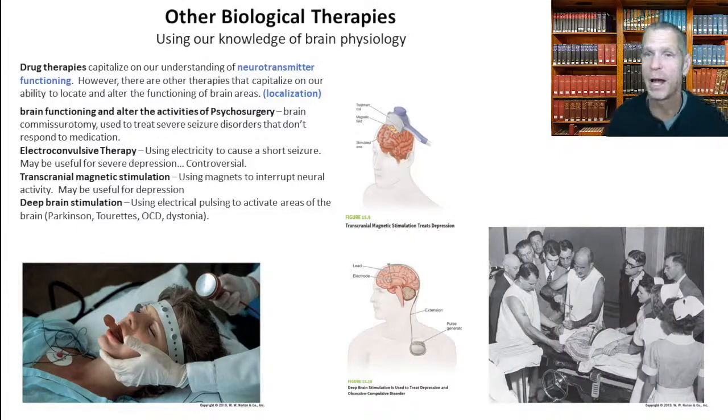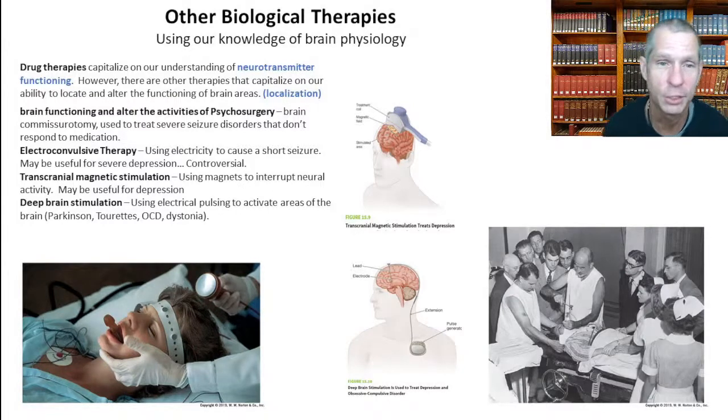So a commissurotomy was the first real attempt at brain surgery that's still used. There's also the frontal lobotomy, which we'll talk about tonight in the webinar if you come to it. But really, the one that you might see used now is the commissurotomy.